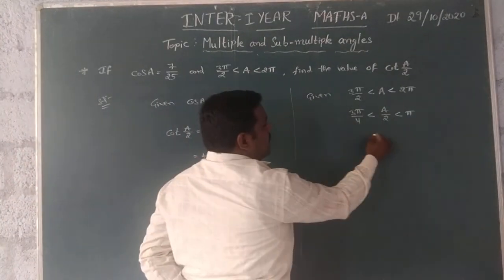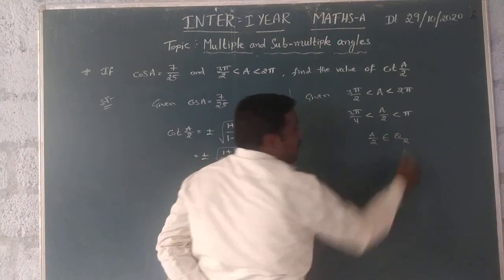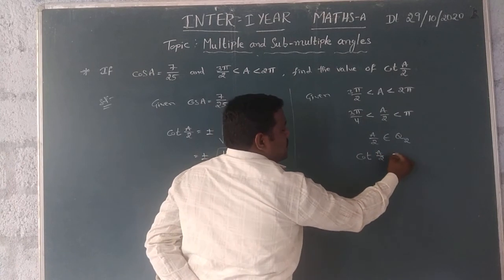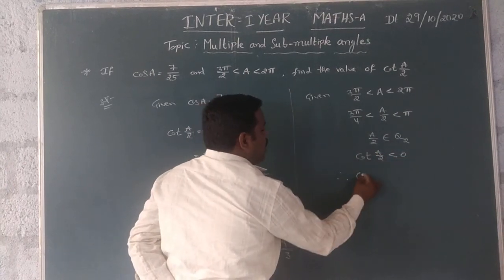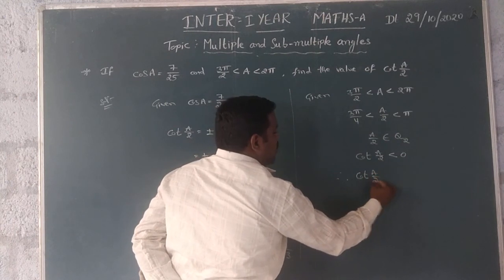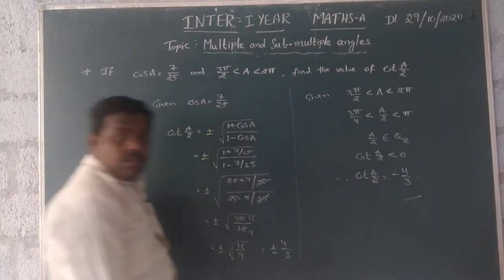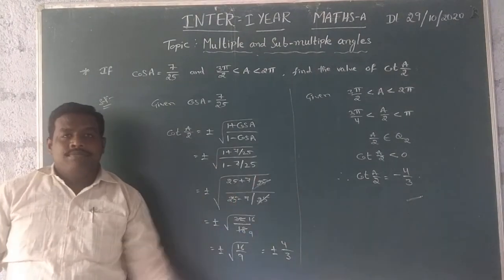Then the angle is in which quadrant? Second quadrant. In the second quadrant, cot is negative. So for cot A by 2 we take the negative value, that is minus 4 by 3. Okay, understand? Everyone know that one?